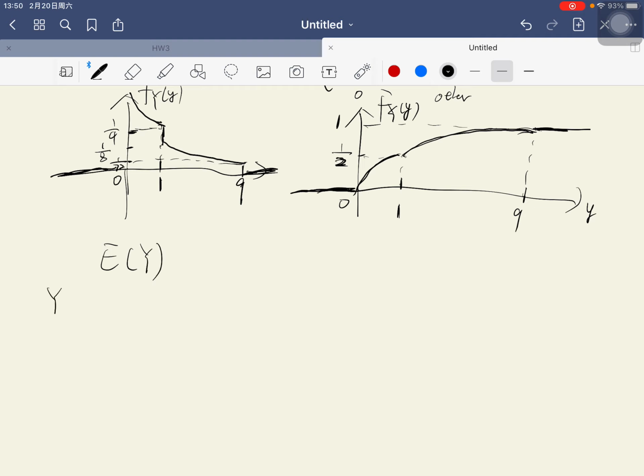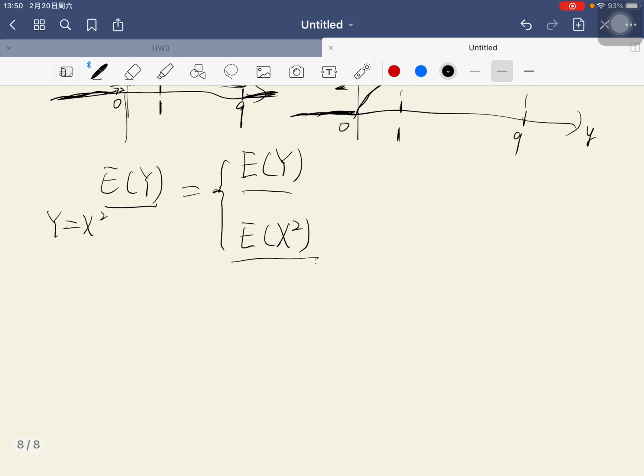Because Y is equal to X to the power 2, there are two methods to compute the expected value of Y, or the expected value of X to the power 2. We could just use the first as an example.